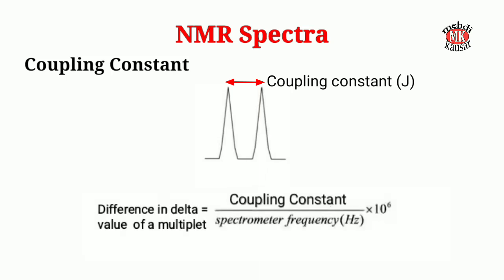Generally, the difference in delta value of a multiplet is equal to coupling constant into 10 to the power 6 divided by frequency of the operating NMR spectrometer. It is found that the chemical shift value in Hertz is directly proportional to the applied field strength.